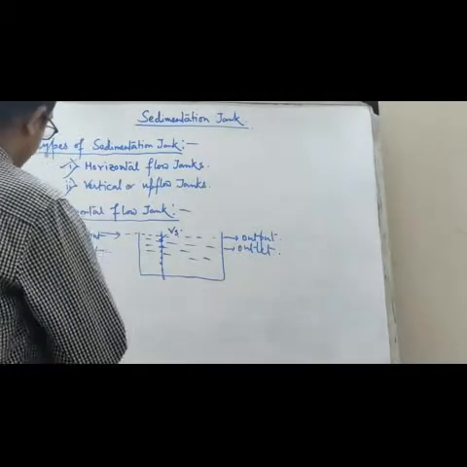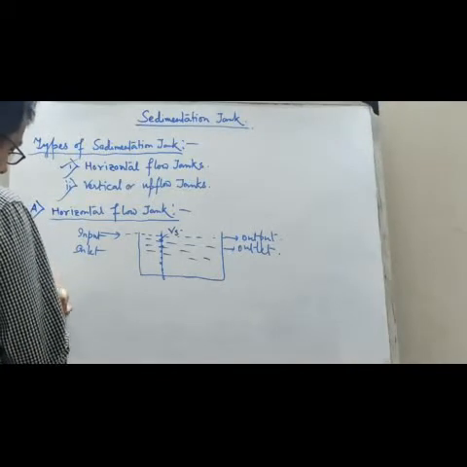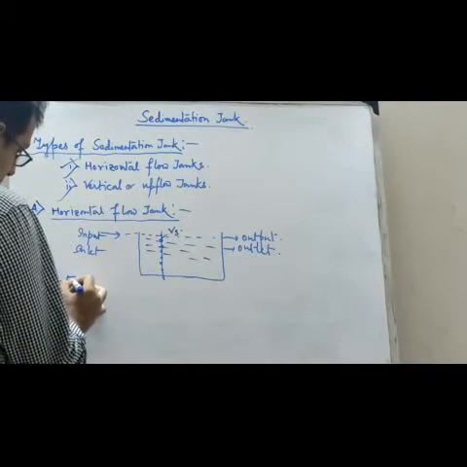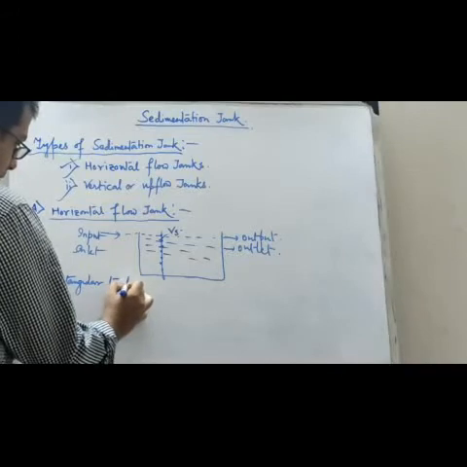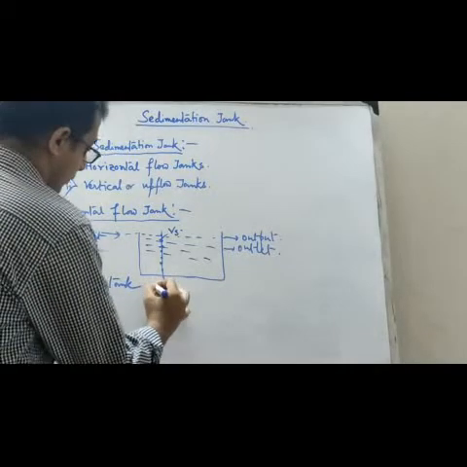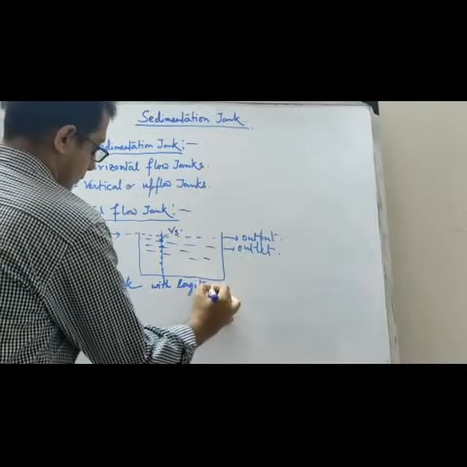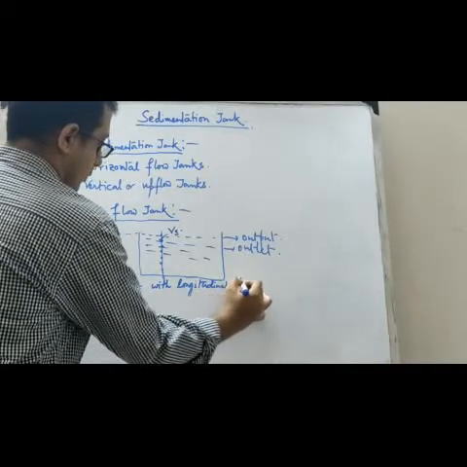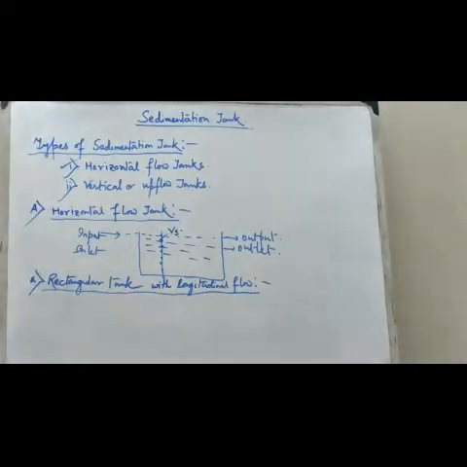So please write down, the first type of horizontal flow tank is the rectangular tank with longitudinal flow.